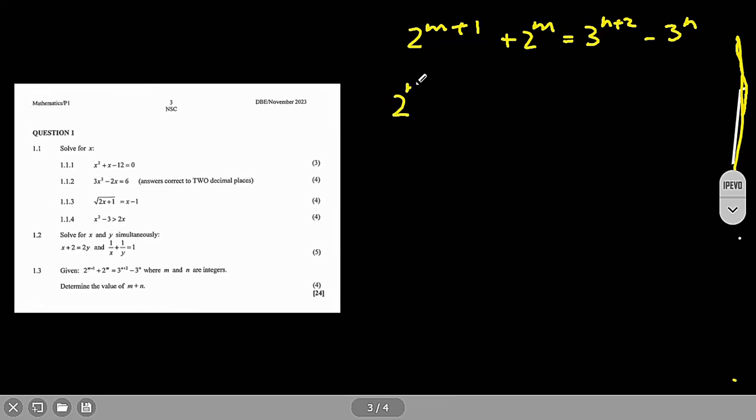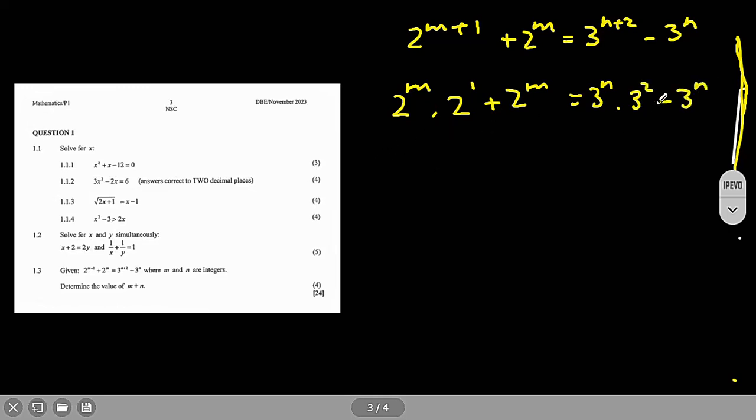So when it's plus 1, it times, the bases are the same, raised to 1 plus 2m equals to 3n. It's plus. If it was negative, we are going to divide, times bases are the same, raised to 2 minus 3n.